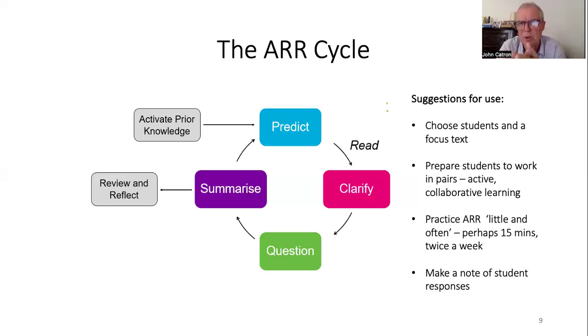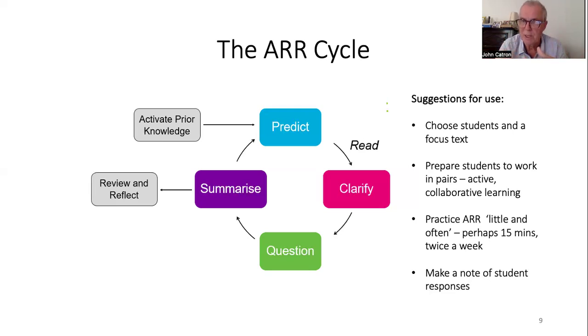Now, the suggestions for use there, before I come to the other stages, we hope you've chosen students and focused text. We're going to do a little bit more work on paired discussion, paired talk. We're hoping that you will do this twice a week for 15 minutes with a group, and we hope you'll make some responses. So, activate prior knowledge, get students to predict, and then read a short piece of text, not too long, maybe 2 paragraphs at the most.